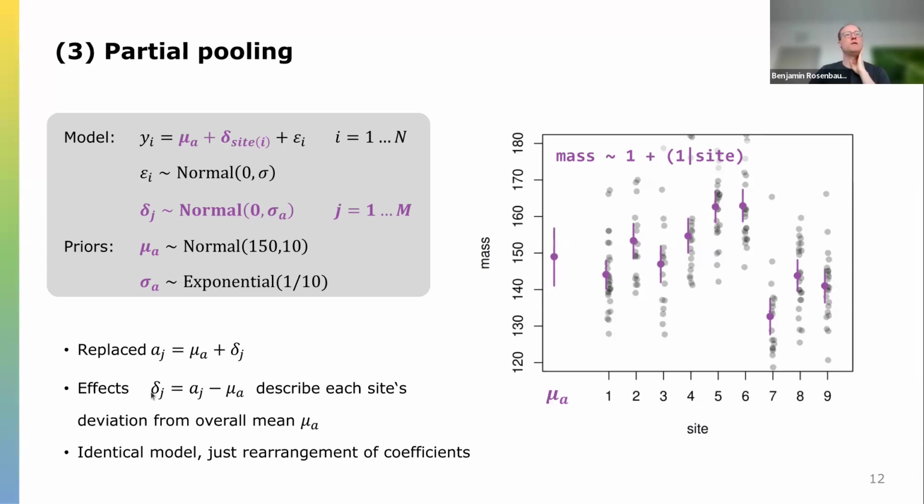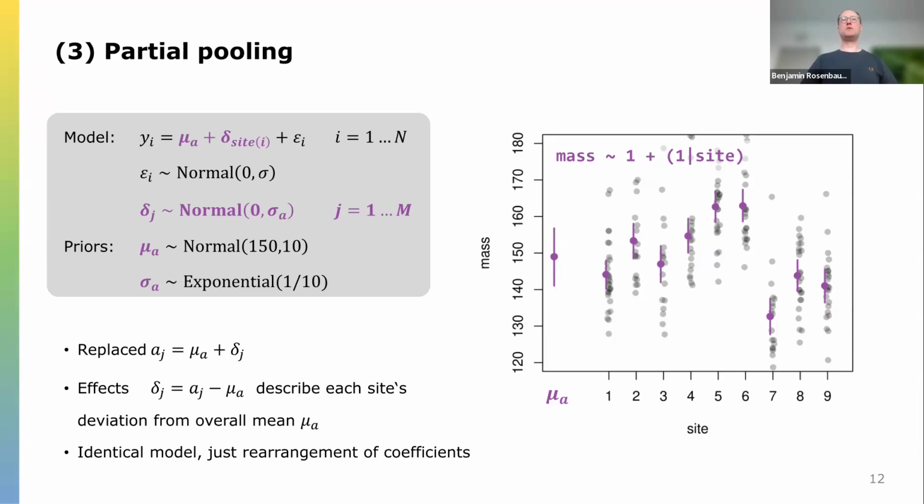And these effects now are the difference between the overall mean and the site level mean. These are the parameters here, these random effects now. So it's the same model, just the rearrangement of the coefficients. And here these deviations are the random deviations from the overall mean.